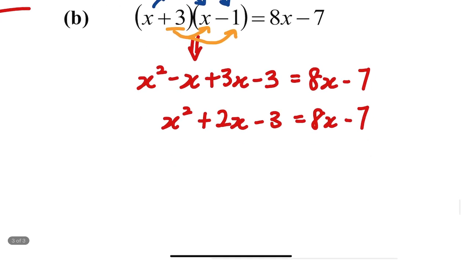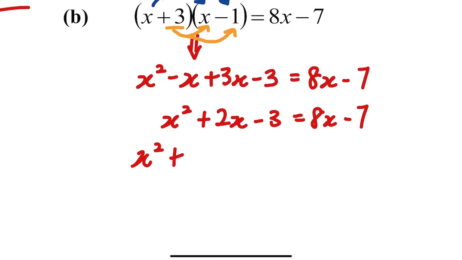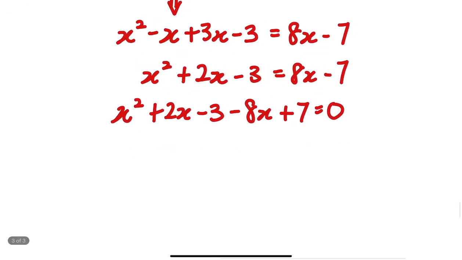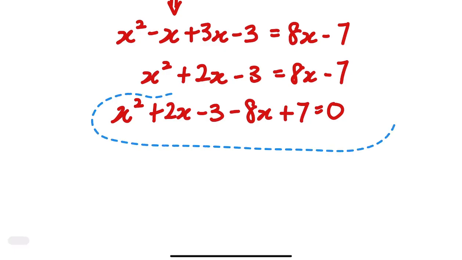Okay, then now I want to get rid of the terms on the right side, so I'll subtract 8x on both sides and add 7 on both sides. I'll get x squared plus 2x minus 3 minus 8x plus 7 equals to 0. Then now I can simplify. Let me align this first.